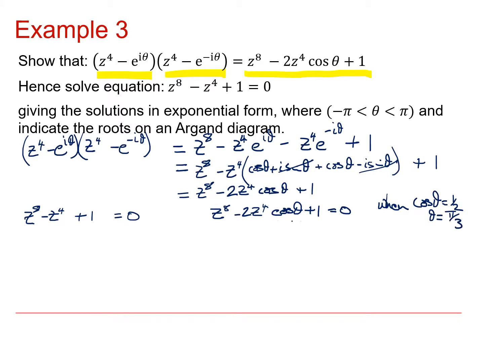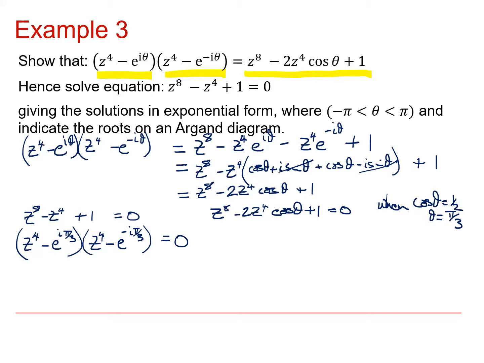So we know this thing factorizes up here like this, and if theta is equal to pi by 3, then basically I'm solving this equation: z to the 4 minus e to the i pi by 3 times z to the 4 minus e to the minus i pi by 3 is equal to 0.